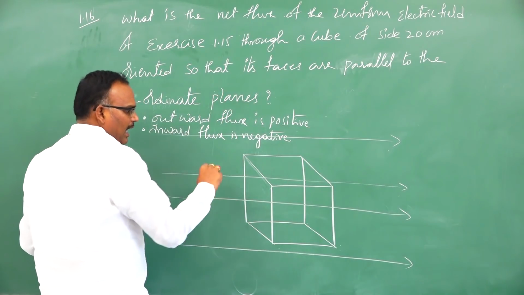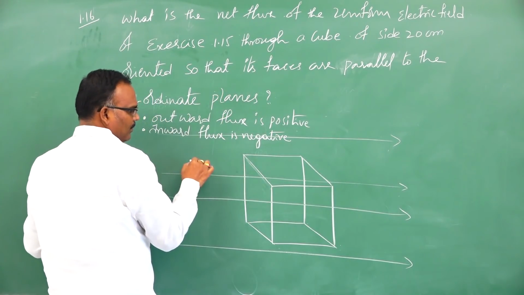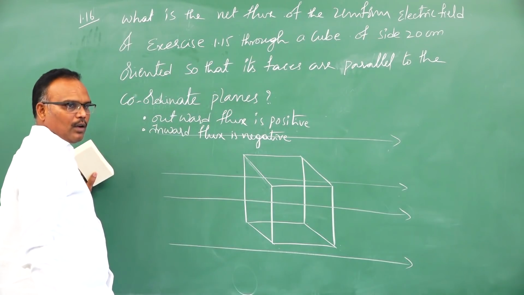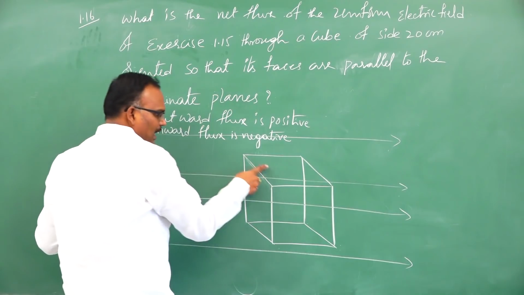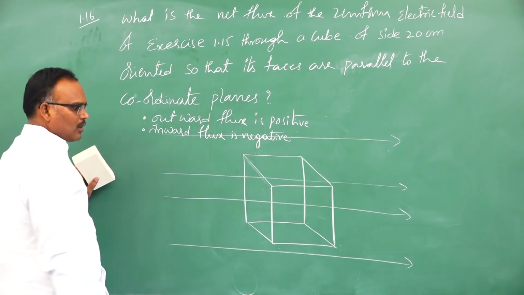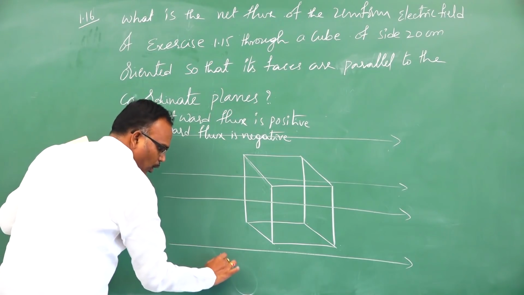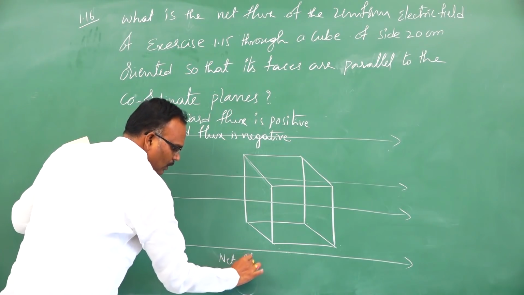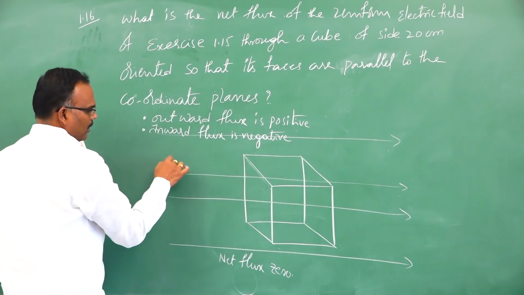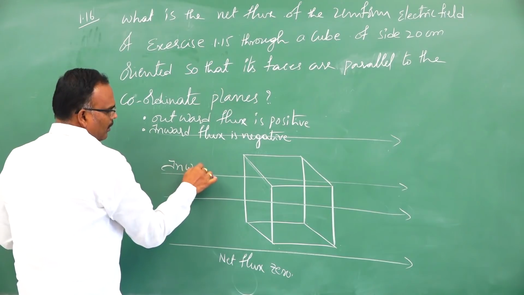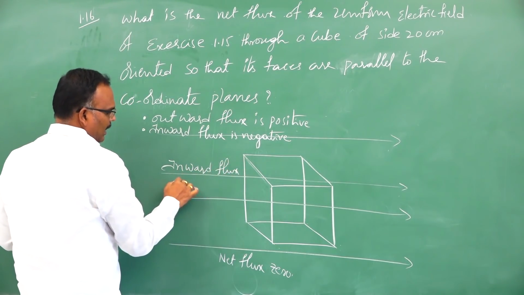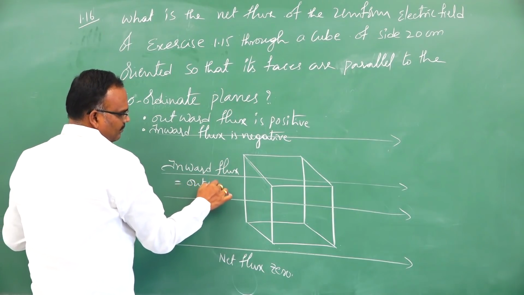That means inward flux is equal to outward flux. Inward flux is negative, outward flux is positive. So that's why net flux is 0.